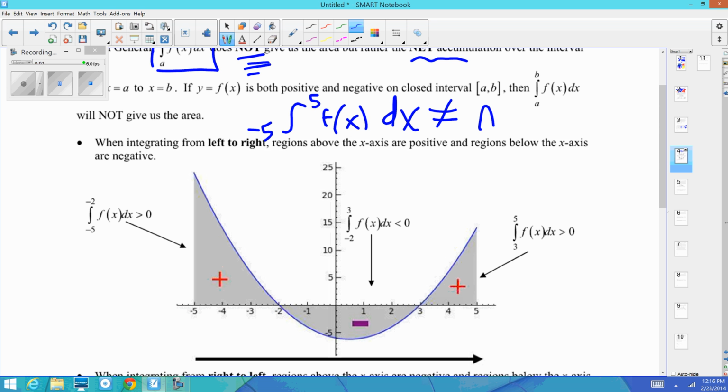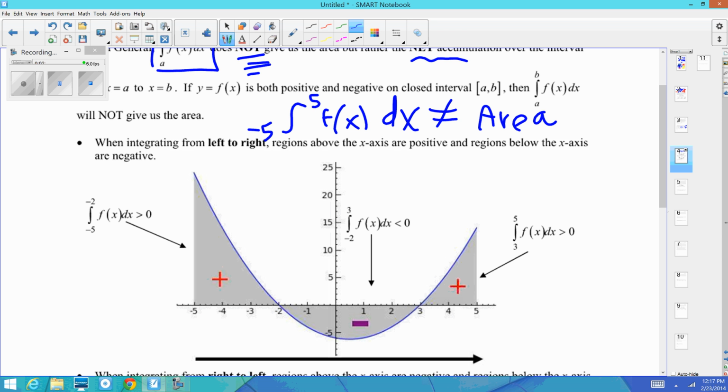It's not equal to the area, because this function starts out positive, negative, and then positive. Whenever we're integrating from left to right, just like we read, anything above the x-axis is positive and below the x-axis is negative.